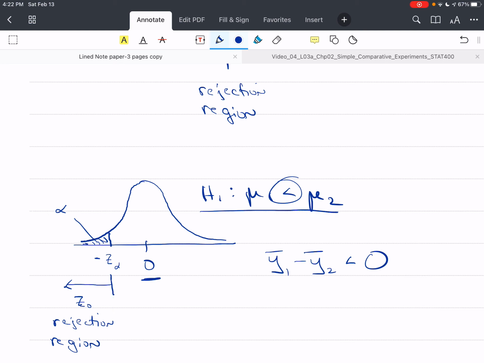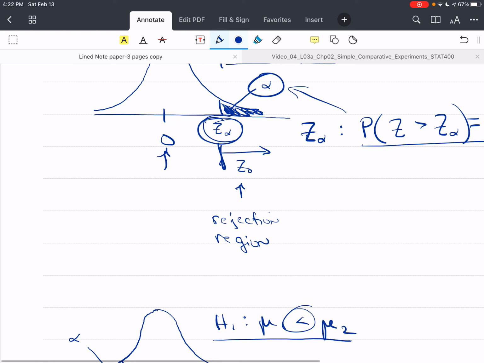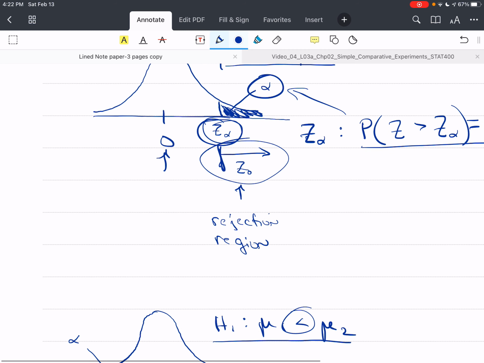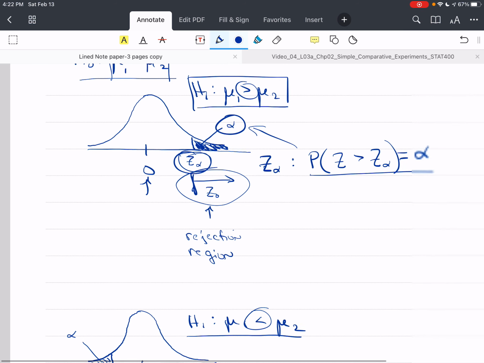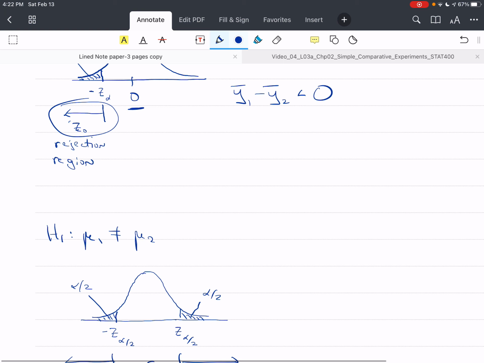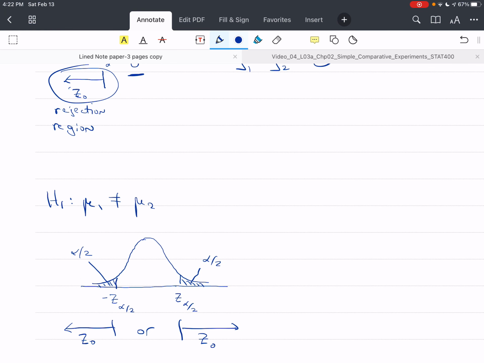Okay, so when z naught is less than negative z sub alpha, we're going to reject. Just like up here, if z naught is greater than z sub alpha, we're going to reject the null when we have this claim.